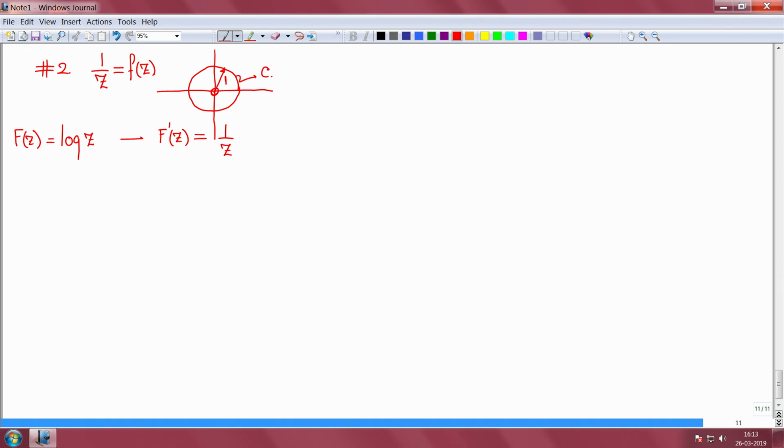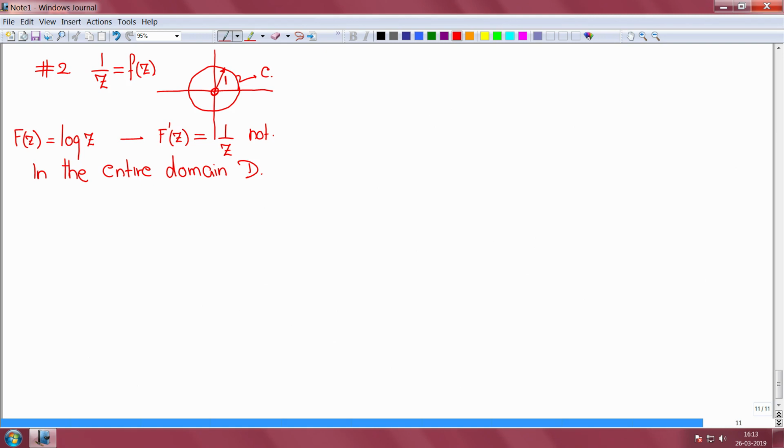But this antiderivative is not in the entire domain D. We will see why not in the entire domain D.